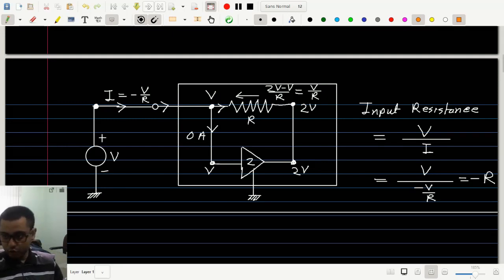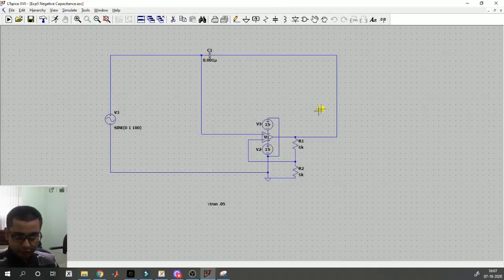Let me show you one that I have made here. Basically this is an amplifier with gain 2, and this is a capacitor. Now this is the input.